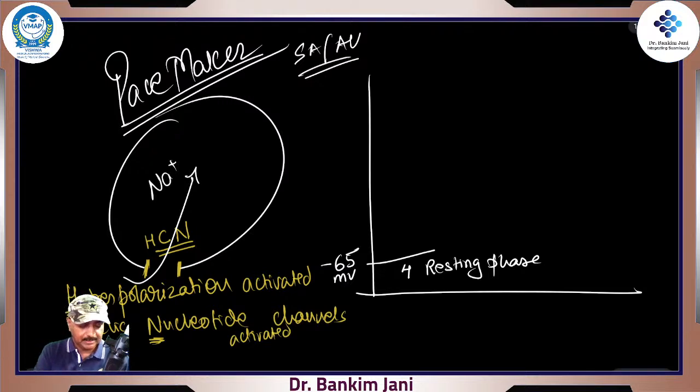So here it is, the hyperpolarization activated cyclic nucleotide activated channels, or HCN channels. They will open and allow sodium to come in. When the sodium is coming in, this rises, and at minus 50 millivolt, as you must have guessed, there would be the depolarization.